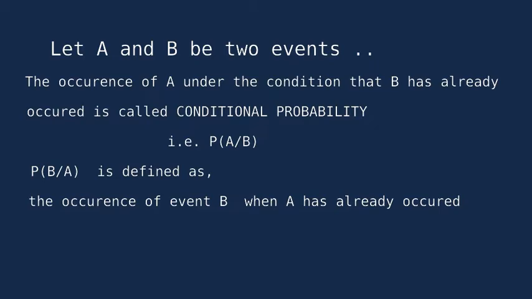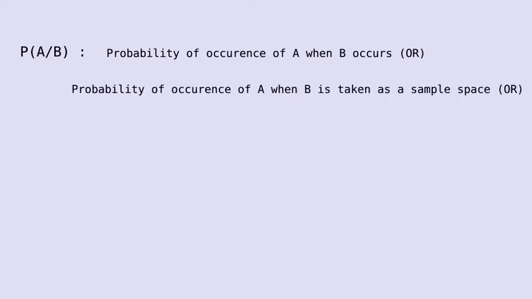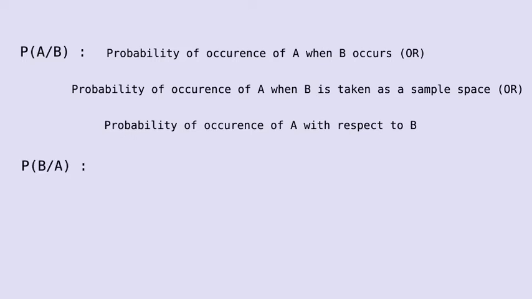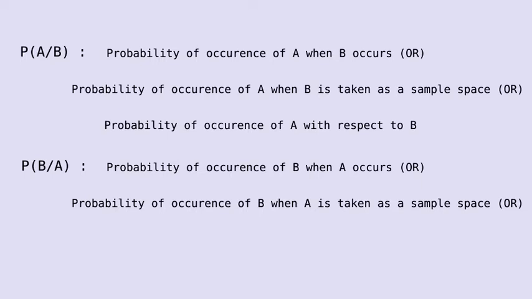And so, P of A bar B can be the probability of occurrence of A when B occurs, or the probability of occurrence of A when B is taken as a sample space, or the probability of occurrence of A with respect to B. Similarly, P of B bar A is the probability of occurrence of B when A occurs, or when A is taken as a sample space, or with respect to A. So it basically depends on the nature of the events A and B.